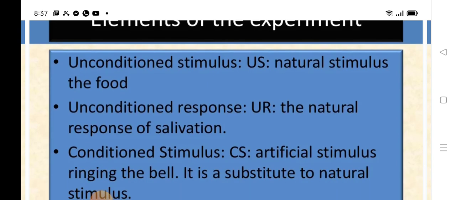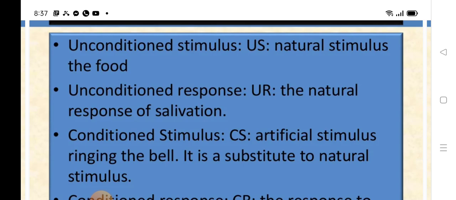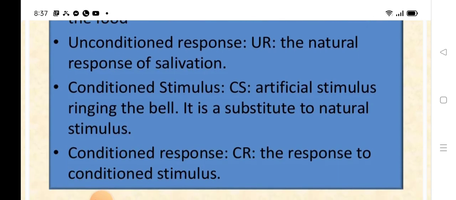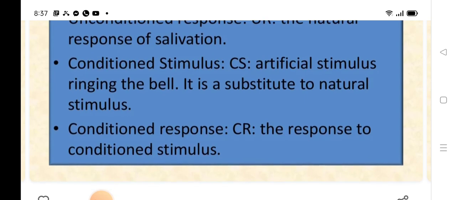The conditioned stimulus is the learned one, the artificial one, like ringing the bell, a substitute for a natural stimulus. The conditioned response is the response to the conditioned stimulus.